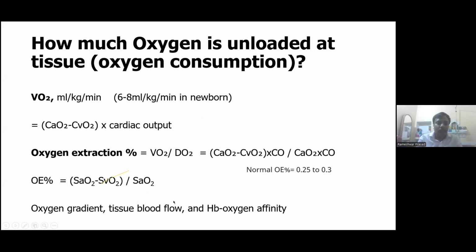If tissue blood flow is low, like in shock, oxygen extraction will be low. With hemoglobin oxygen affinity, like in fetal hemoglobin, if fetal hemoglobin is high, the tissue extraction will be low. Now again, what will be the utility of knowing this in clinical practice?